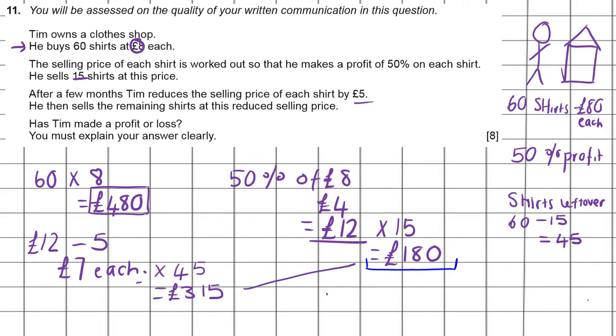Okay, so add these two up, so plus, that gives us £495. So therefore, that's what he makes, and that's what he spent, so therefore is it a profit? Yes. So yes, Tim makes a profit.